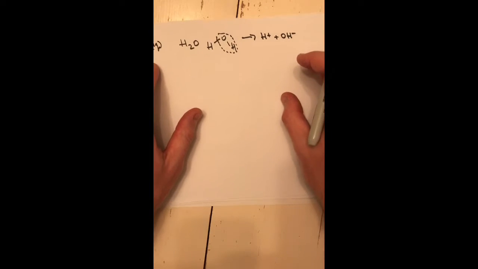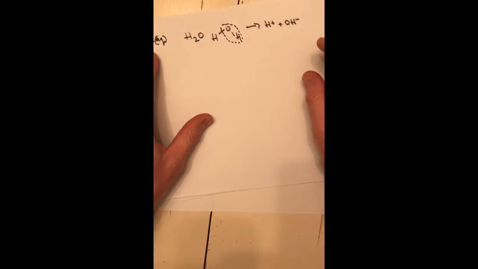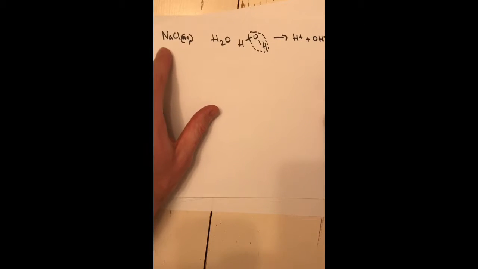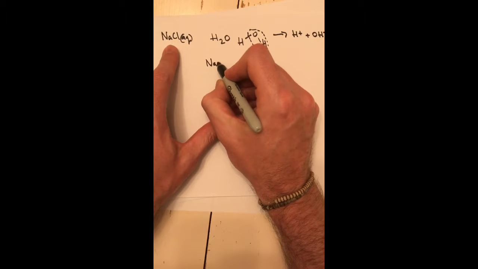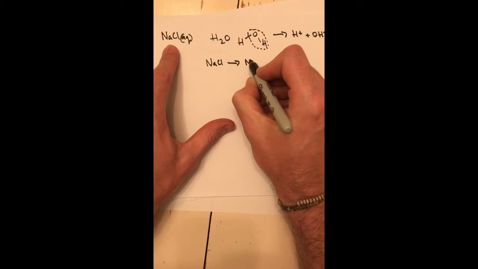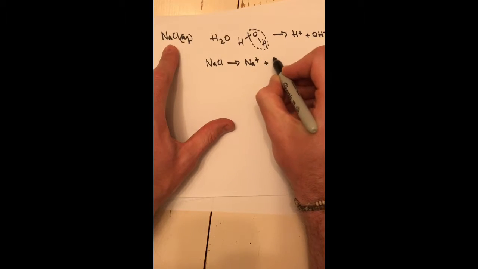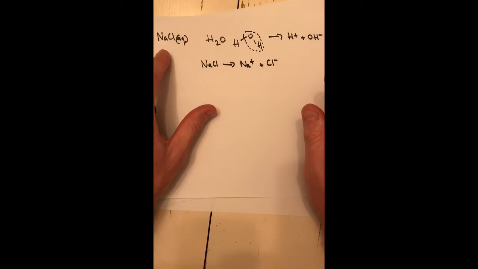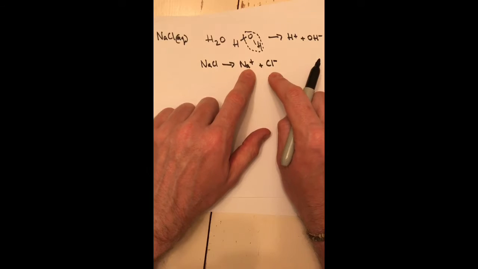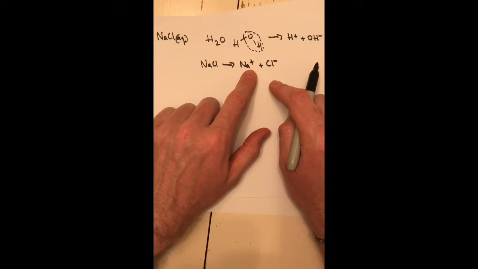So if we come back to our sodium chloride, when we put this into the solution and the lattice breaks down, this is going to form Na+ and Cl- ions. Remember, if you're thinking, how do we know it's Na+ and Cl-? Well, Na, sodium, is in group 1, therefore it forms an ion with a +1 charge.